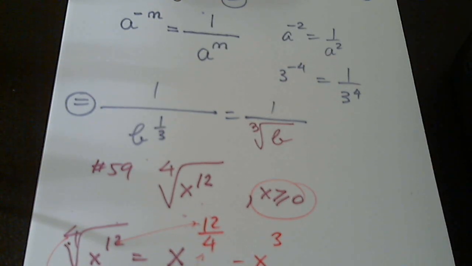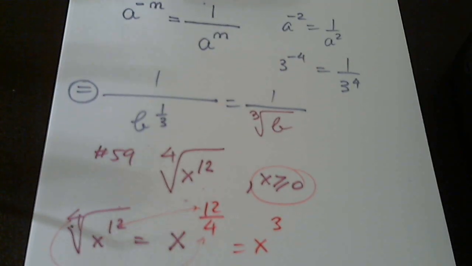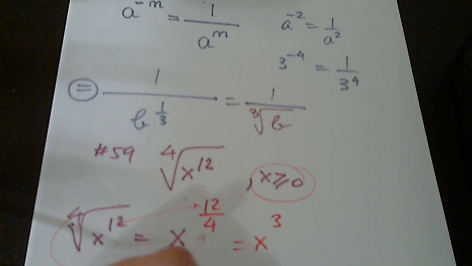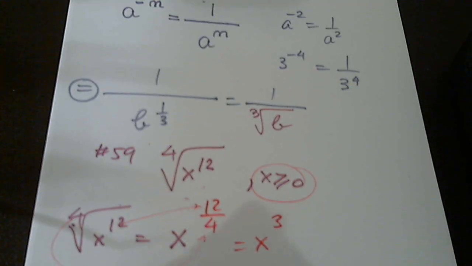Okay. Do we need another one? Or do we move on? Can we do another one? Okay. What about 61? That's fine. So it's 1 over the square root of t to the 5th. Again, t does not equal 0.